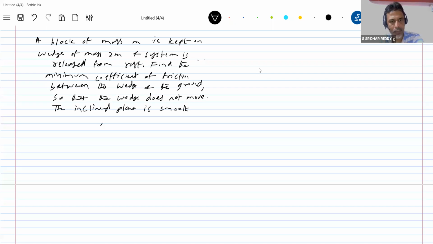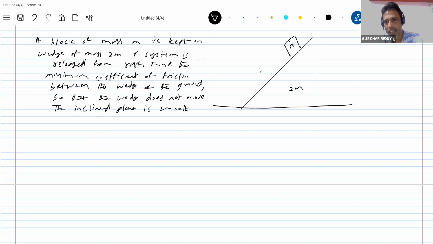Okay, there's a diagram. Very good problem. Carefully analyze. So the surface between the block and the wedge is smooth. This is M, this is 2M. This surface between the wedge and the ground is rough.